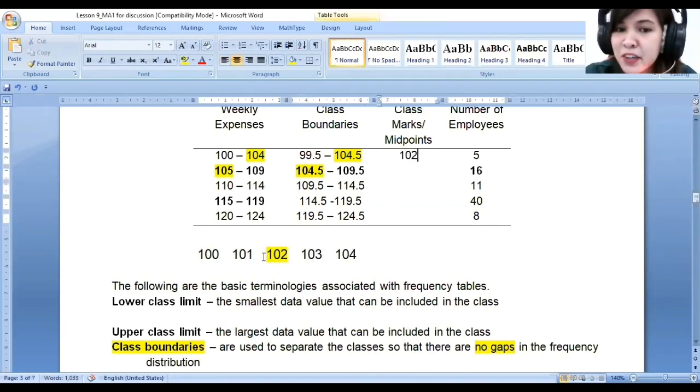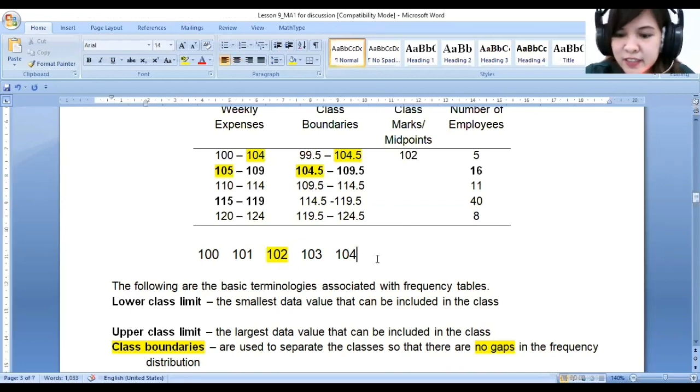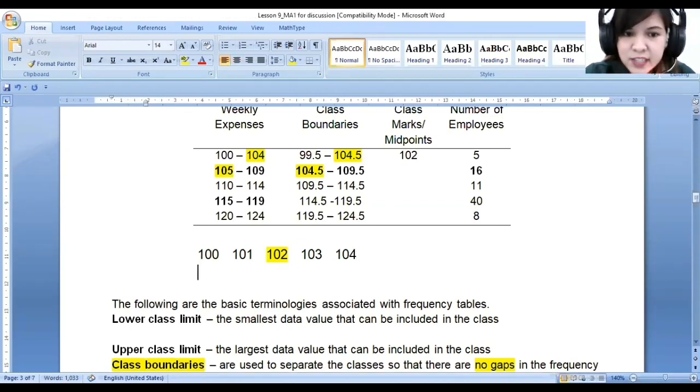So, kung makikita nyo, ilan yung nasa kaliwa niya? Yung nasa kaliwa niya, pwede kang mag-plus 2. Diba? From 100, magpa-plus 2 ka para ka makapunta sa 102. O kaya, sa dulong kanan naman niya, pwede kang mag-minus 2. Diba? 104 minus 2, babalik ka sa 102.